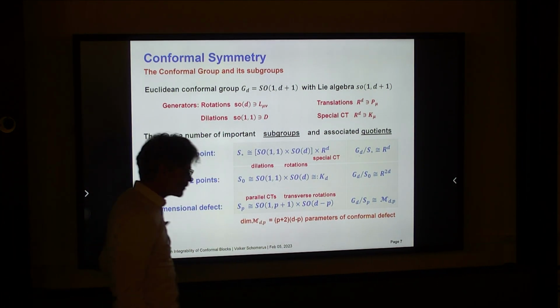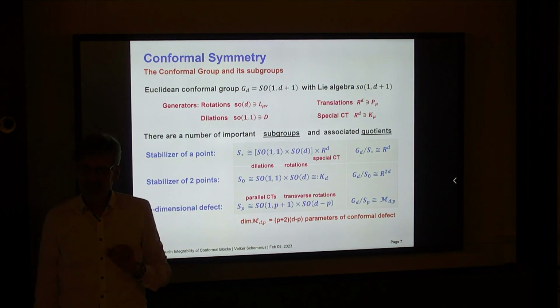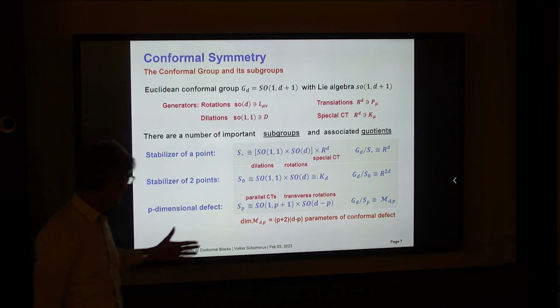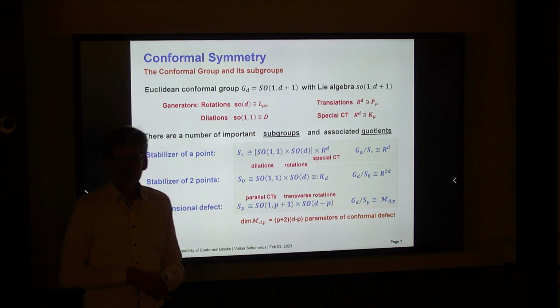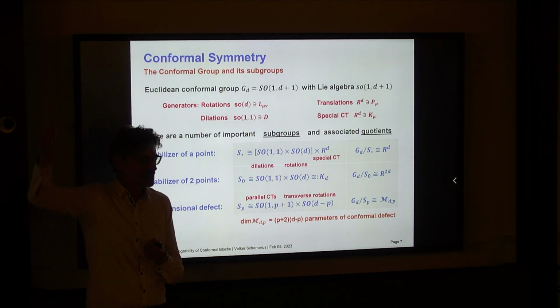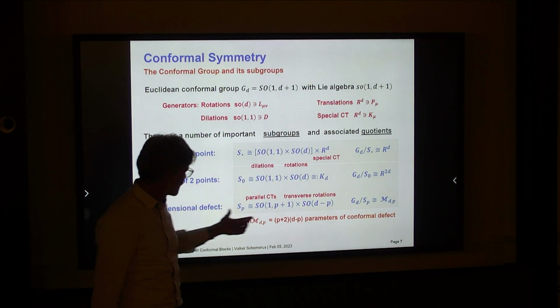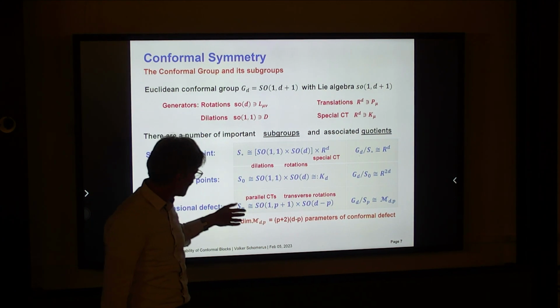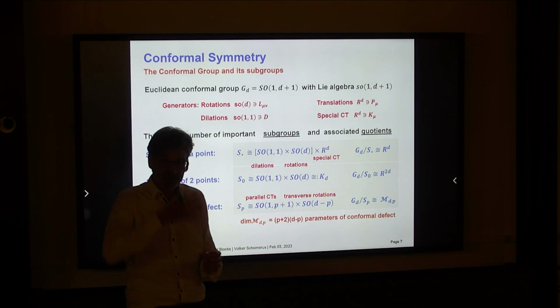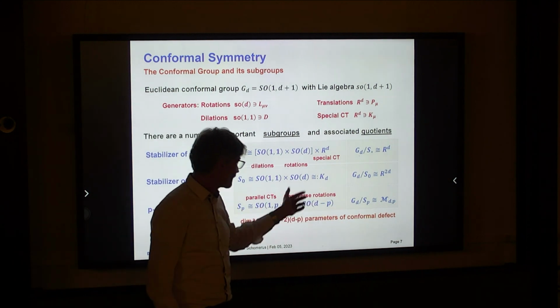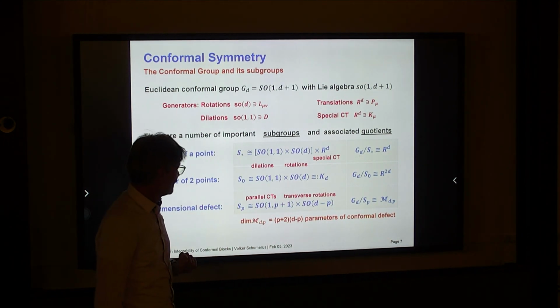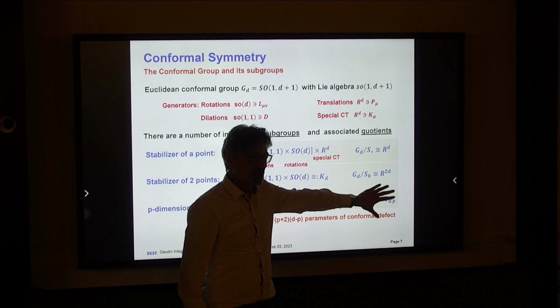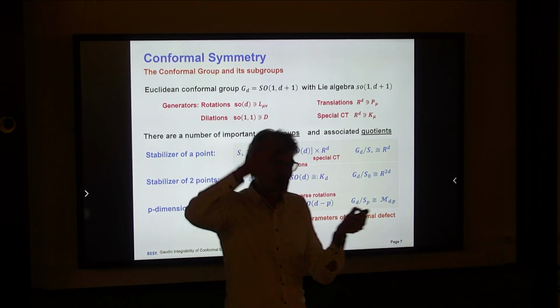And for those of you who like to think about defects, you can actually also think about the stabilizer group of a line, of the Wilson line, a conformal Wilson line, or things like that, where a defect of dimension p+1 is given by a conformal transformation parallel to the defect, times transverse rotations, and also gives rise to a moduli space of deformations of this defect.